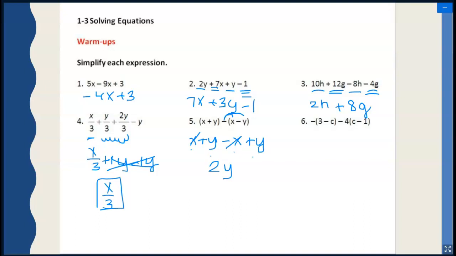Similarly, in number 6, you are going to distribute your negatives. So you have a negative going to 3 and c, as well as c and negative 1.